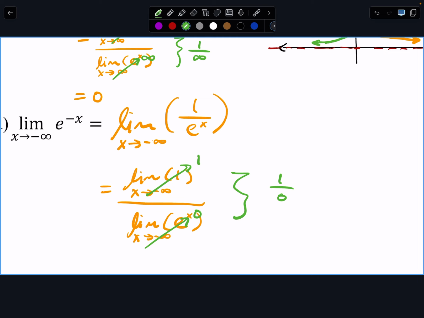When we've done this previously, don't we know that when we get a non-zero constant in the numerator and 0 in the denominator, we're like, hey, this limit is either positive or negative infinity?